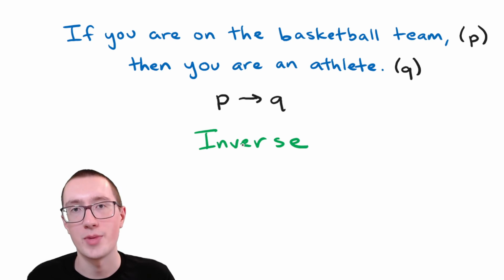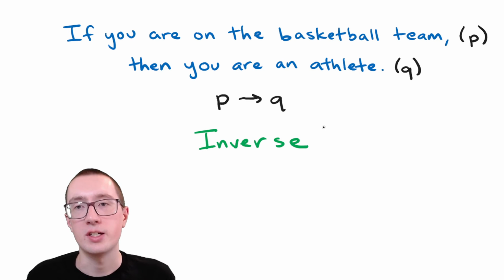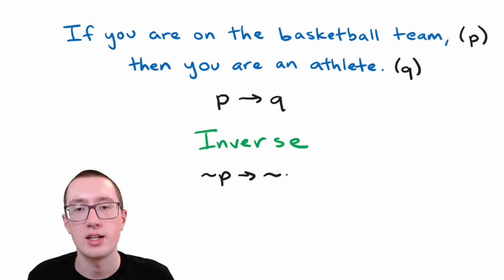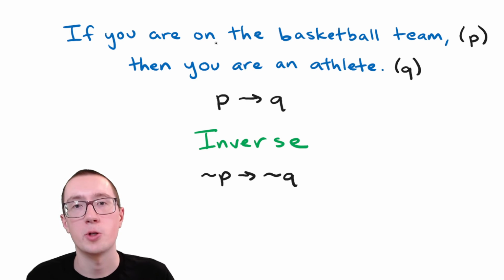Another type of statement that I mentioned at the beginning was an inverse. So what is the inverse? Basically, the inverse is going to be the same statement, but we're going to take the negations of both. Remember, that's just the opposite. So we're basically going to put little squigglies in front of both P and Q. So what does this make the statement? Well, that means we're going to turn both of these statements into their opposites.